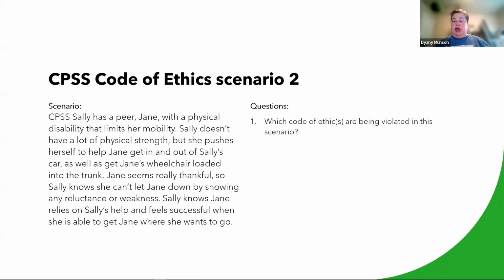Some other things that I have here, possibly G, which is discriminating on the basis of physical disability. I'm defining you by you can't. Because I will tell you, having worked with people with physical limitations similar to this, a lot of us are very familiar with the stigma that comes with mental health challenges, but we're not always as familiar with some of the stigma that comes with certain physical challenges.